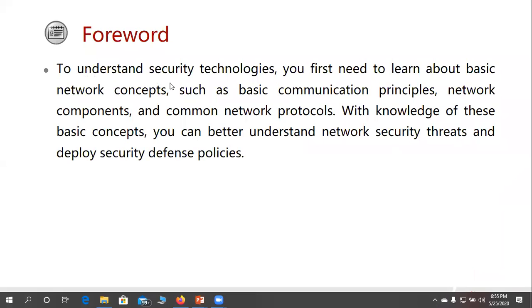To understand security technologies, you first need to learn about basic network concepts, such as basic communication principles, network components, and common network protocols. With knowledge of these basic concepts, you can better understand network security threats and deploy security defense policies.